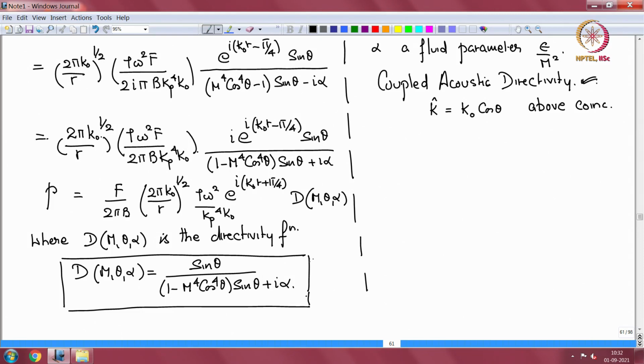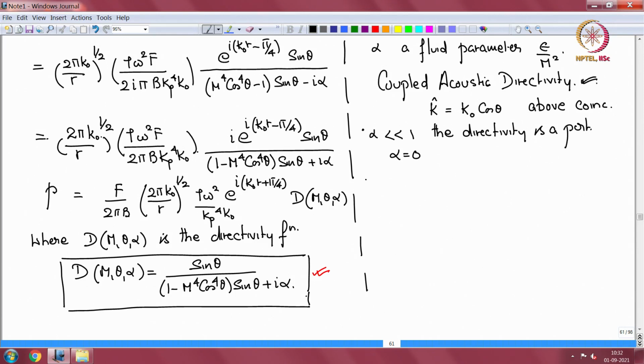Now if you look at this factor which is called directivity, for α much less than 1, the directivity is a perturbation to α equal to 0.